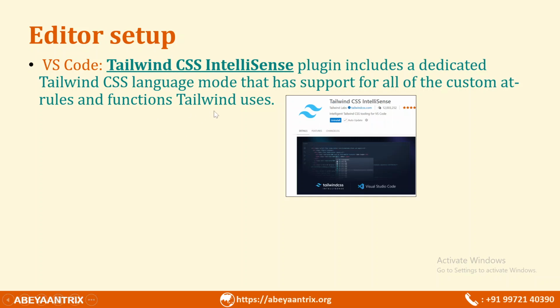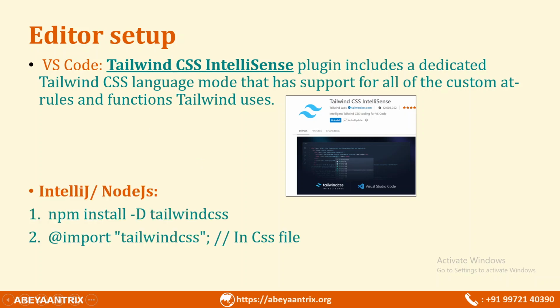Here you can see this is the Tailwind CSS IntelliSense. You need to add this in your VS Code, then easily you can get automatic IntelliSense in your code. If you are using IntelliJ, you have to run npm install -D tailwindcss.